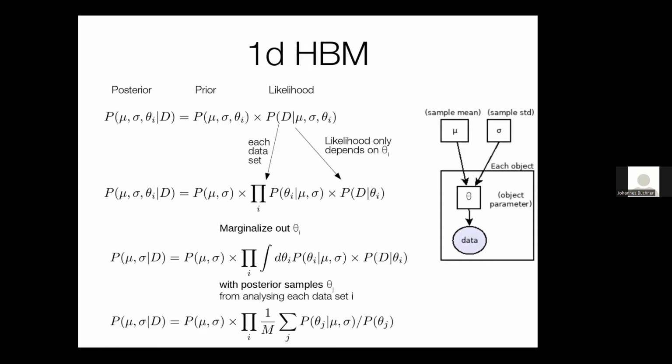And since those are already posterior samples, they already follow the likelihood. So all you have to do is weigh these by whatever this above population distribution is. That only applies if you use a flat prior to analyze these objects. Okay? So that's important. You have to analyze each of your objects with a flat prior. Otherwise, you're going in circles.